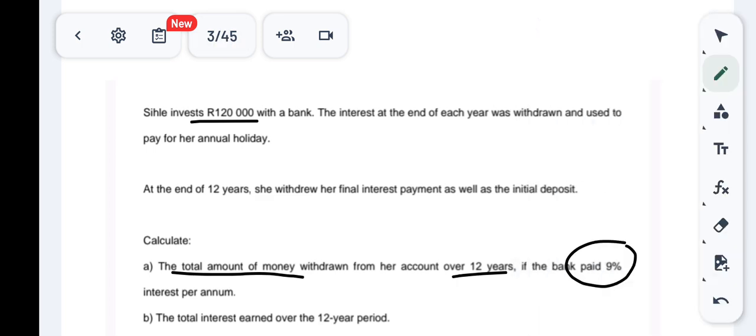And then the last question is asking us to calculate the total interest over the 12-year period. Sihle did an investment. She invests 120,000 there, so there will be an extra amount of money that she will earn for investing that 120,000.